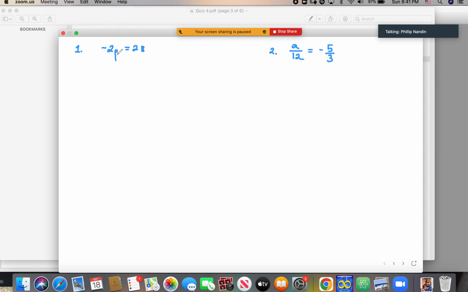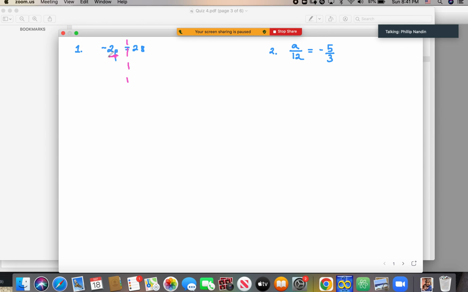So in this case, you want to get P by itself on one side of the equal sign. The thing in the way of P being by itself in this case is this -2. Now the next thing you want to see is what is the operation between the -2 and the P. When they're written right next to each other as they are here, the operation is multiplication.